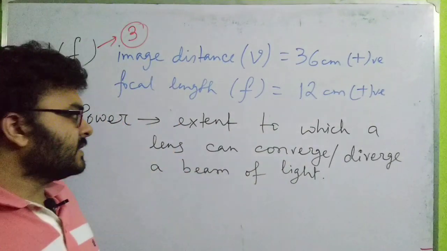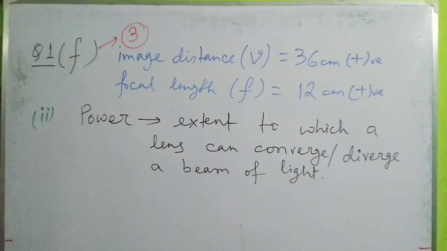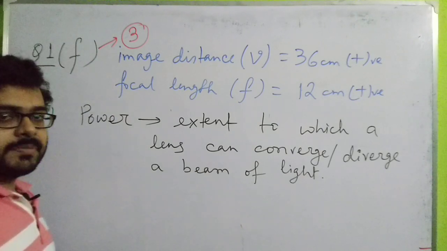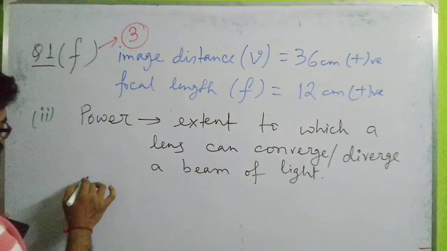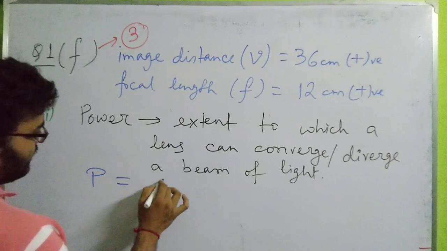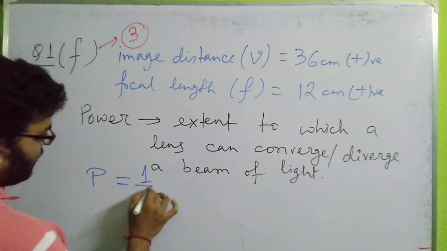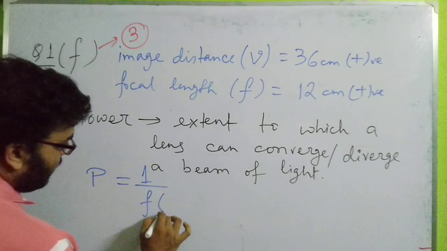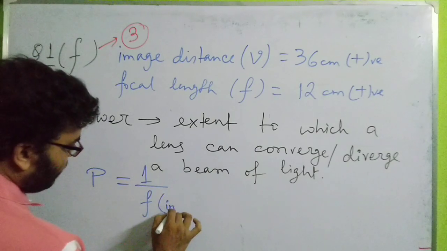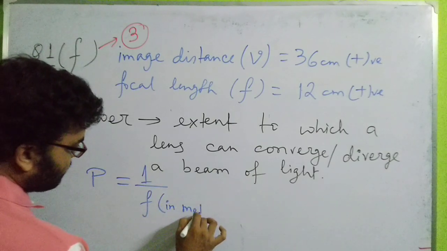Now mathematically the power can be expressed as the reciprocal of the focal length. So power P is the reciprocal, 1 by f, of the focal length. Now f must be taken in meters.